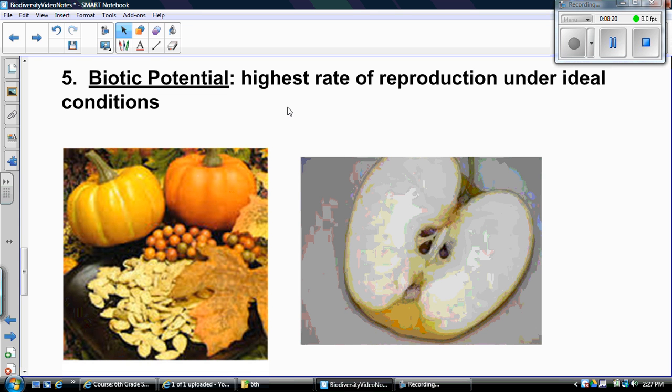So if a mama panda has twins, she has to actually abandon one of her baby pandas because she can't support both of them.